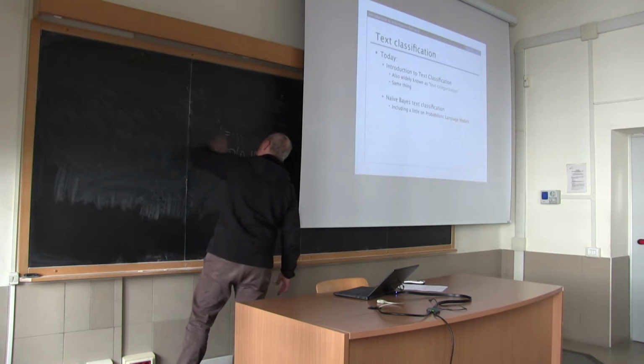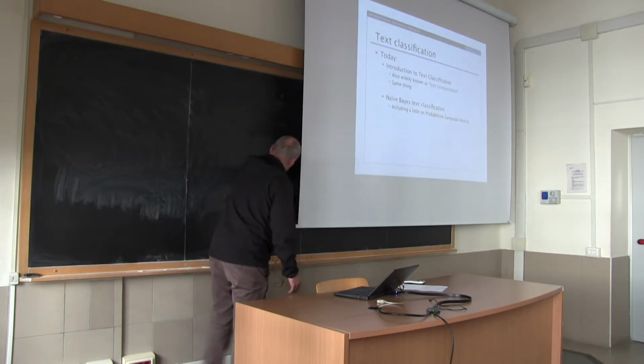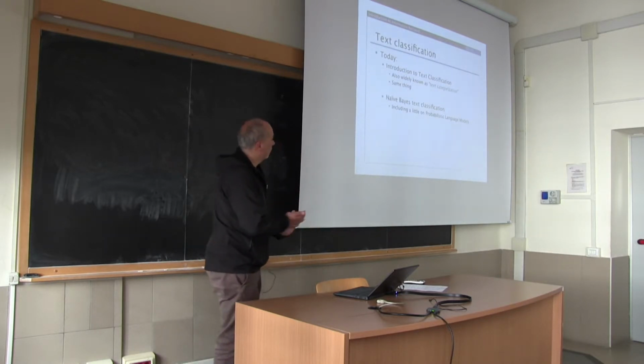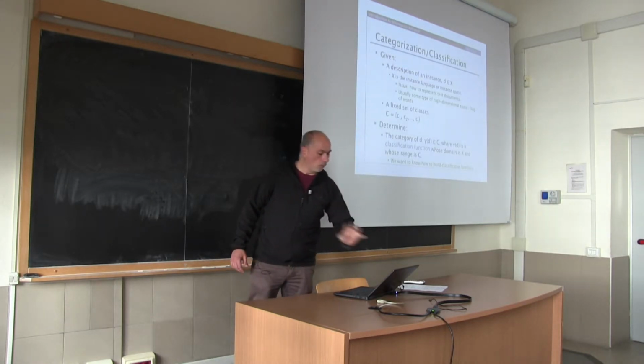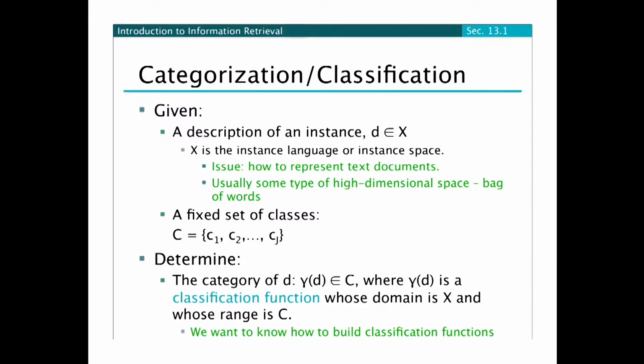Now, we can go back to our lecture. What does it mean to categorize or classify a corpus of documents? First of all, let's try to clarify the language they use, because sometimes the language doesn't help a lot to understand.